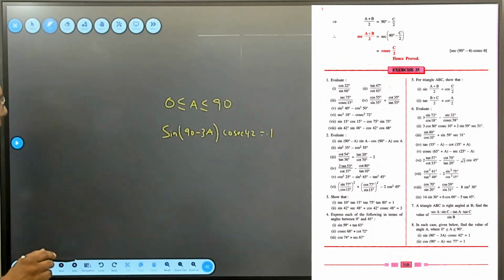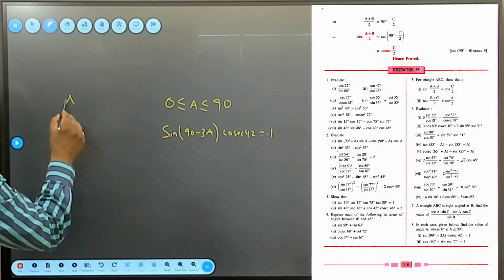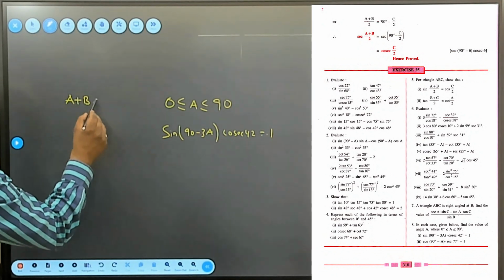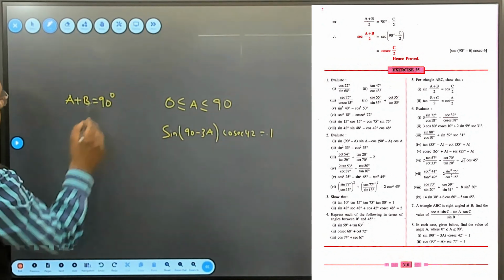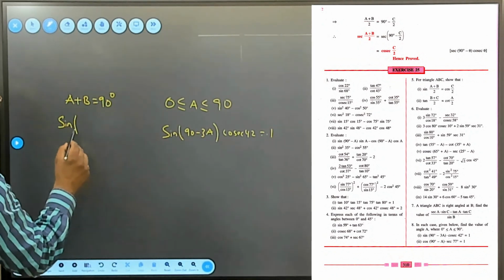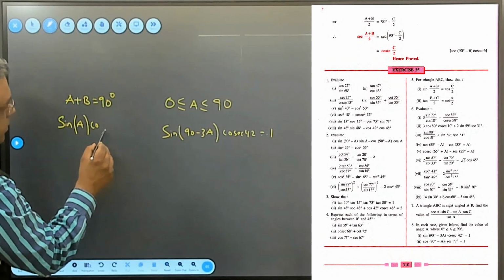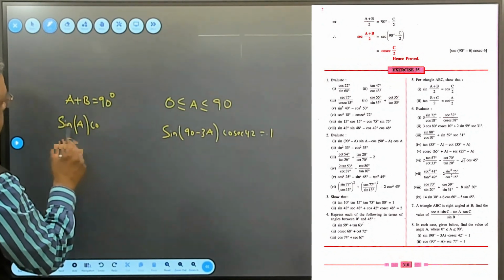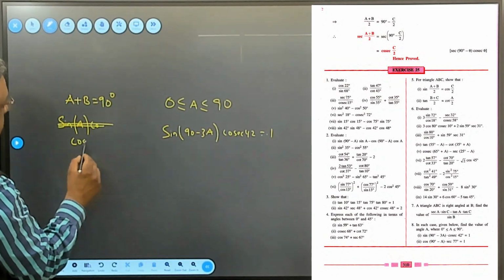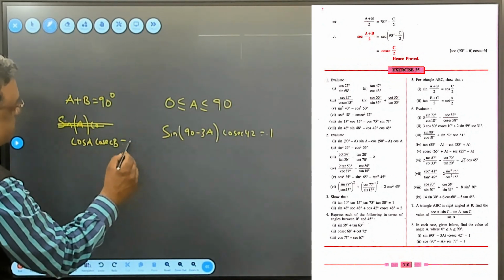So now let me tell you one thing. If A plus B is 90 degrees, then doesn't sin A into cos A into cosec B become 1?